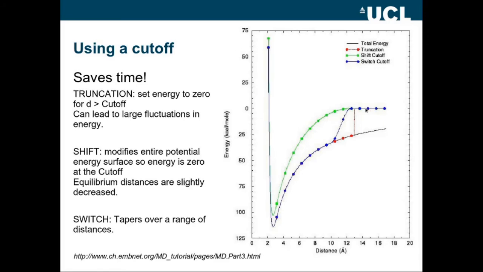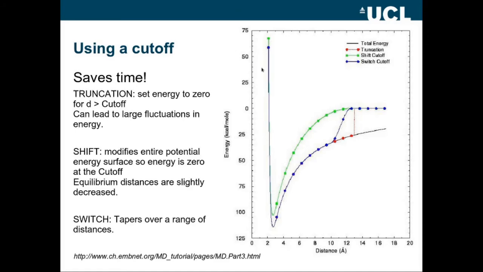The next possibility is what's known as shift, and what's done there is that the whole potential energy surface is modified such that the energy reaches zero at the cutoff of interest.